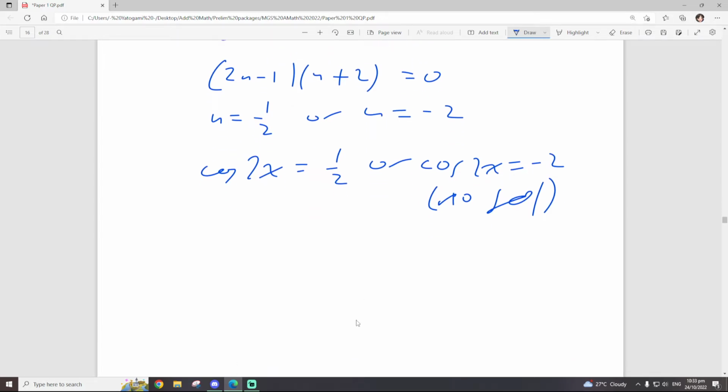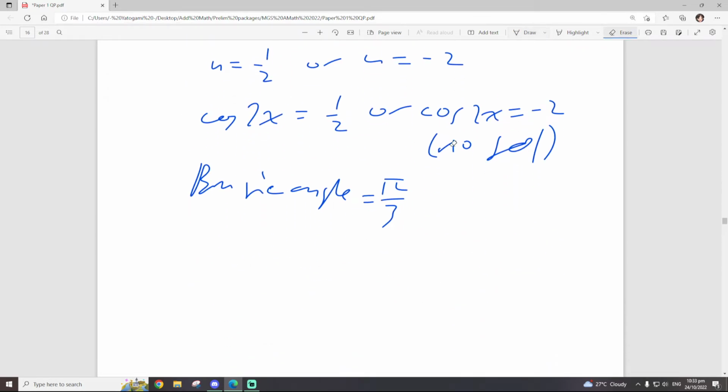So the basic angle, cosine inverse of half, is pi over 3. Oh wait, we're solving in degrees. Okay, the basic angle is 60 degrees.